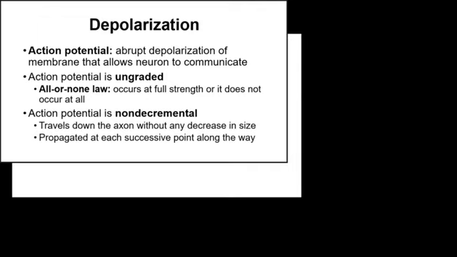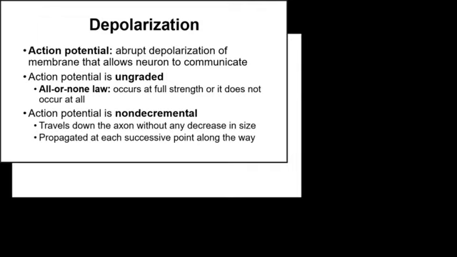So we can say that our action potentials are ungraded, but we can also say that they are non-decremental, and that basically means that they travel along the axon without any decrease in size. It means that they're not going to get smaller with time. An action potential triggered here is going to trigger an equally large action potential in the part of the cell membrane next to it, which triggers an equally large one in the part next to that, and so on and so forth along the whole length.